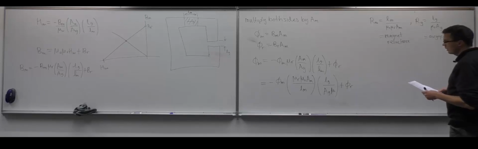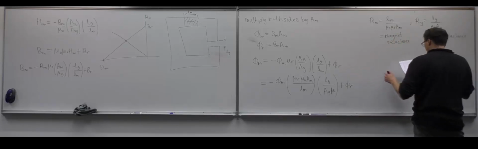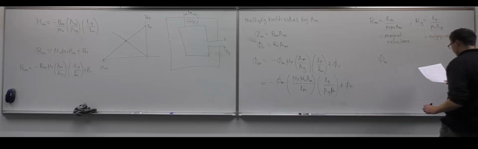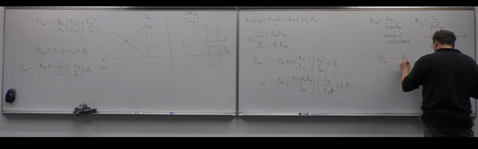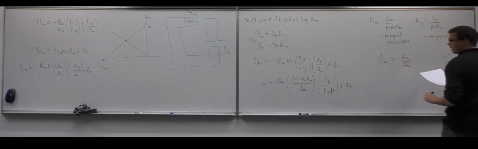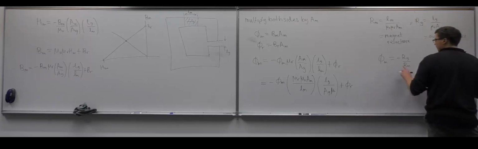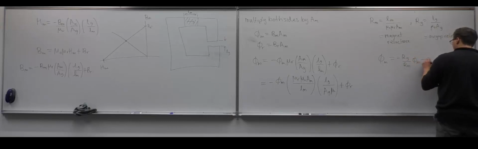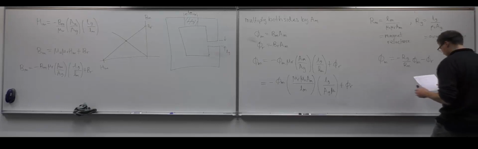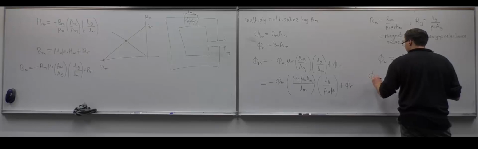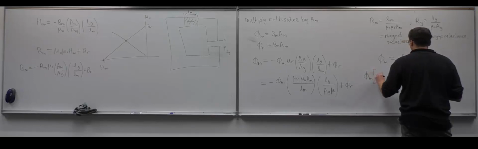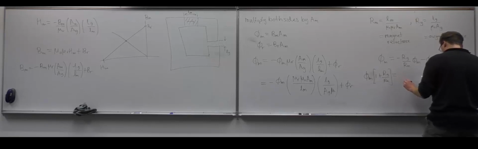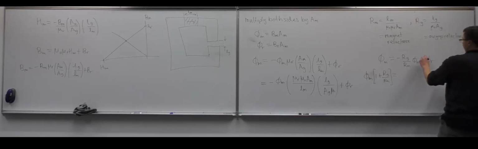Okay, so now substituting these reluctance terms in, we get that the flux M is equal to minus Rg over Rm, right, times flux M plus flux R. Now if we rearrange this a little bit, we put all the flux M's on one side, we have 1 plus Rg over Rm times flux M is equal to, wait, this should be a plus here, sorry, make sure you put that as a plus.